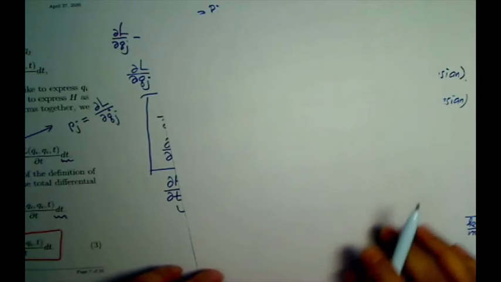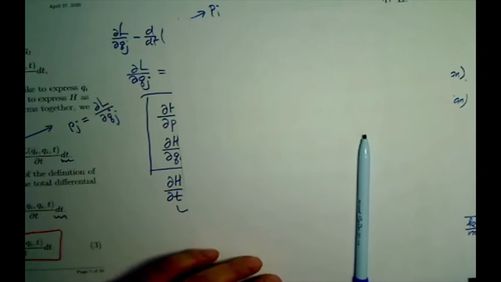And then we might want to consider many other cases. The spherical polar coordinate system will be very complicated, but you can do that.